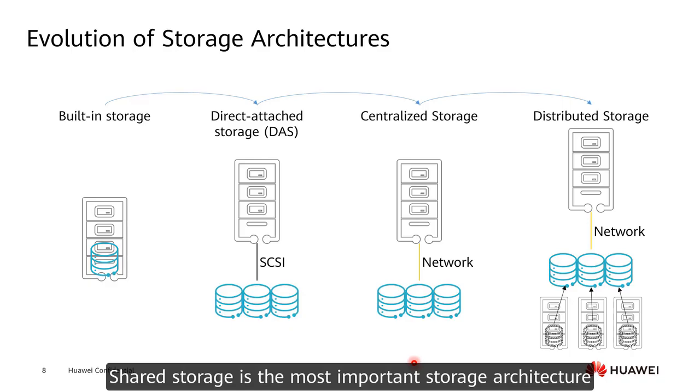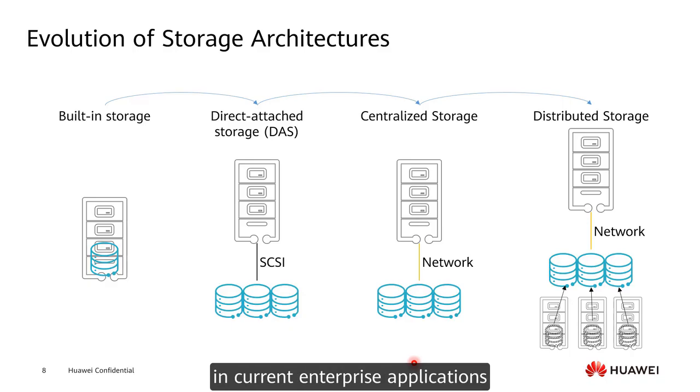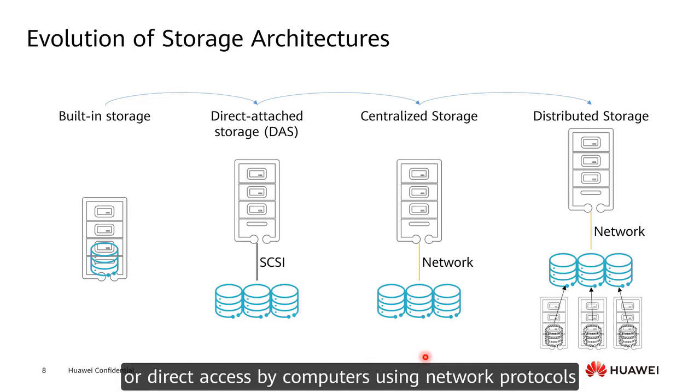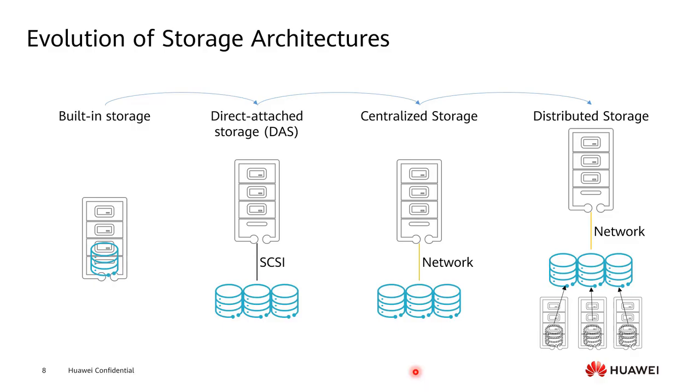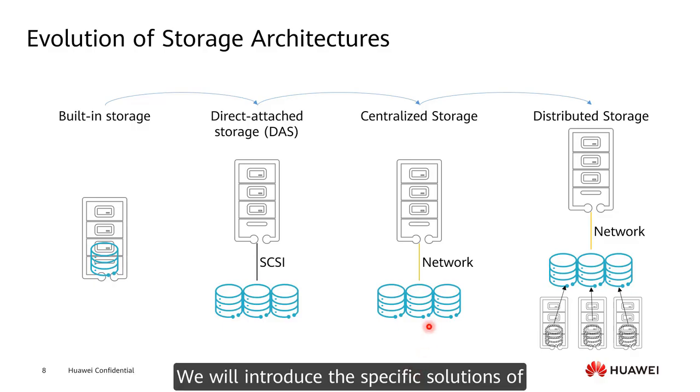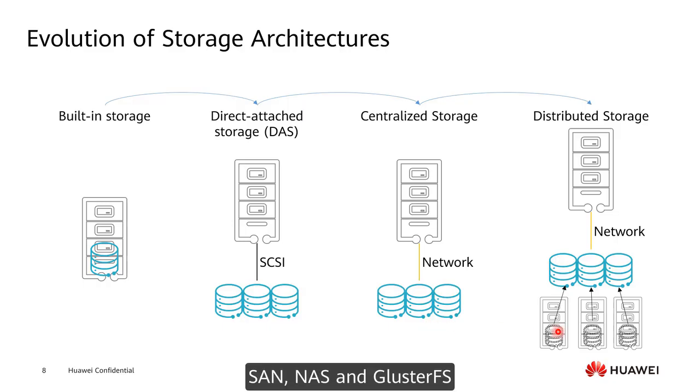Shared storage is the most important storage architecture in current enterprise applications. In this architecture, storage is placed in the network and accessed directly by computers using network protocols. We will introduce the specific solutions of SAN, NAS, and GlusterFS.